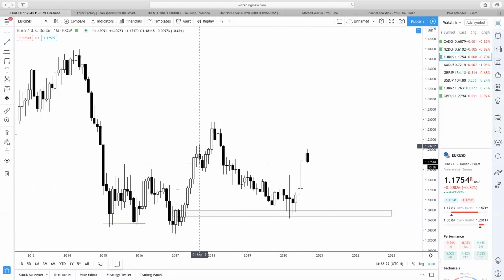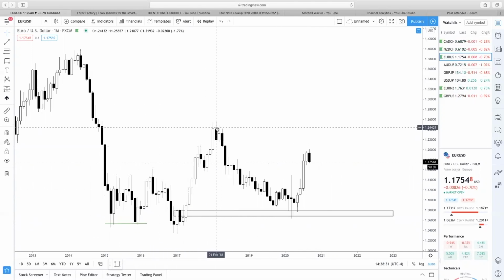Then the market came up, it broke that high, and it created a higher high. Then the market worked its way down and it created now a higher low. So now we're going to ultimately expect a higher high. We're going to be looking for these highs right here to be broken. Okay, but our first target is going to be in this consolidation range.